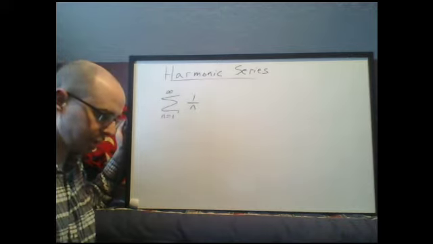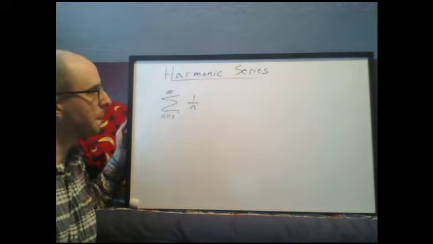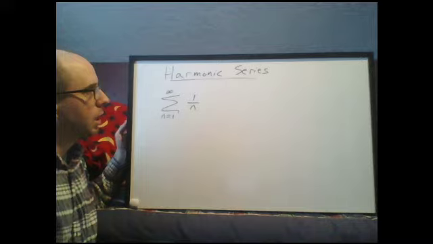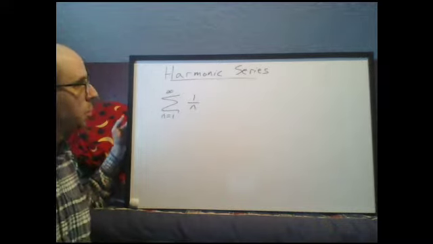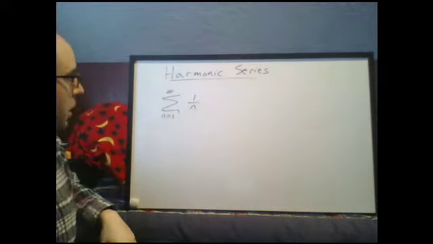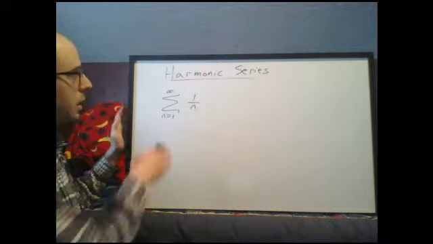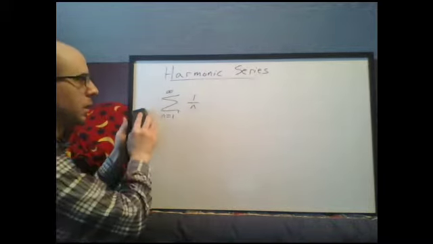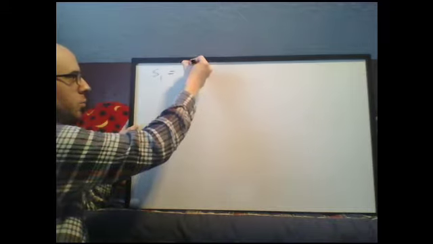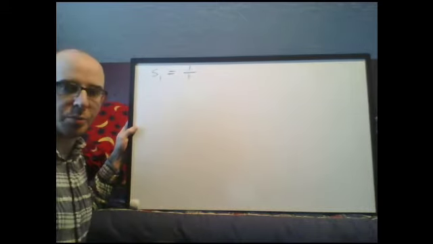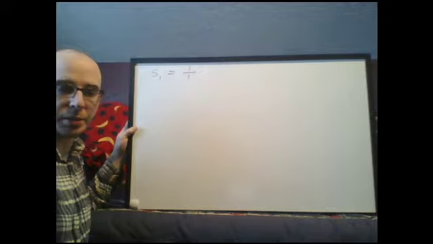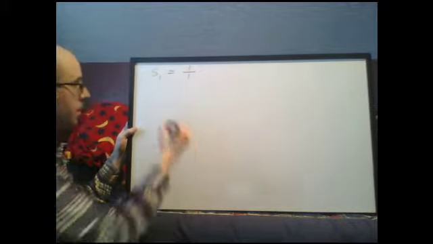So let's look at the sequence of partial sums. Okay, so S1 is 1 over 1. That means it would just take the first term of this sequence and stop there.